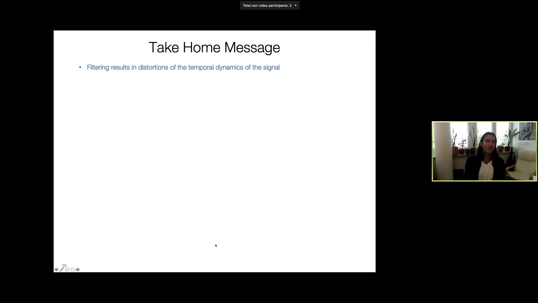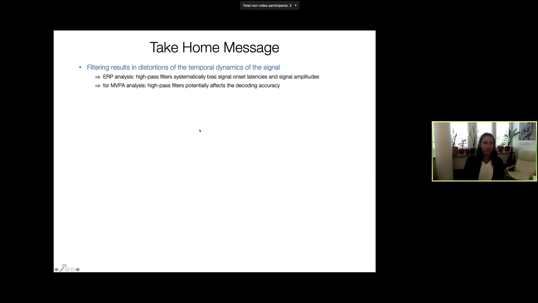The take-home message from my talk is that filtering results in distortions of the temporal dynamics of the signal. For ERPs, this means that high-pass filters systematically bias signal onset latencies and signal amplitudes. For MVPA analysis, high-pass filters potentially affect the decoding accuracies. Thus, filter as little as possible.